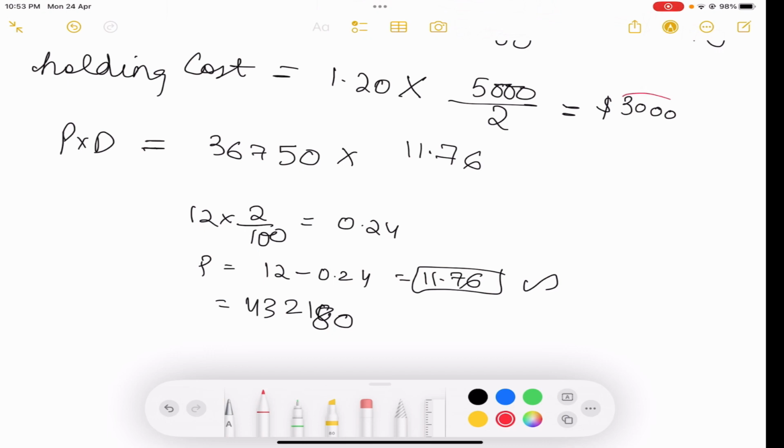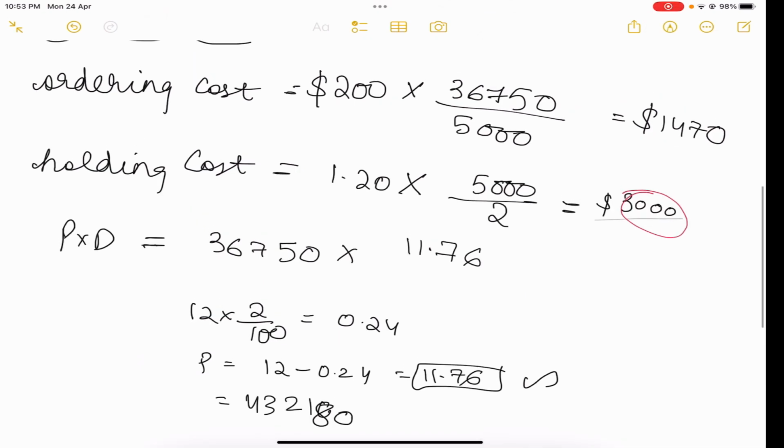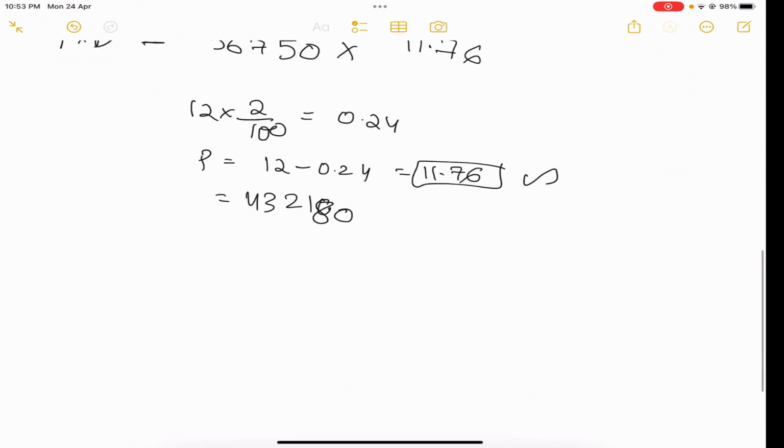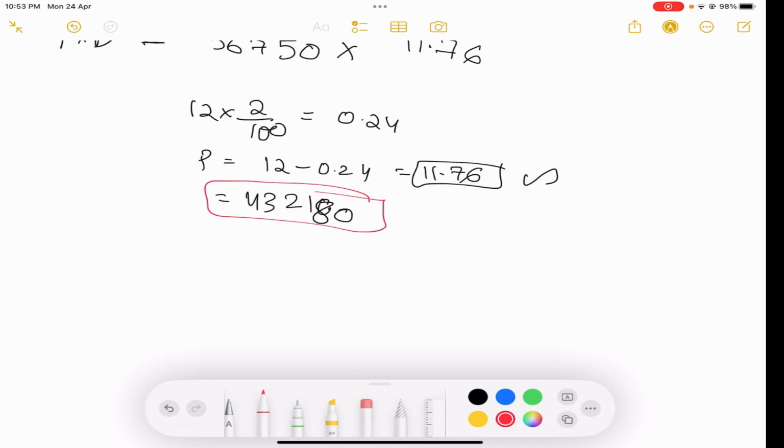Now I have to add my holding cost plus my ordering cost plus my purchase cost. So my total annual cost will come to this. This is for 5,000 barrels.